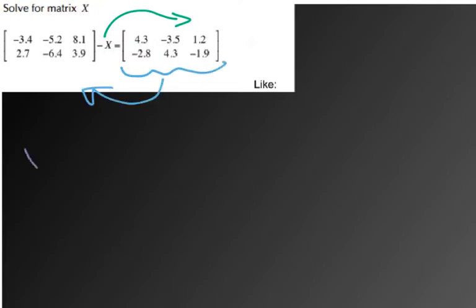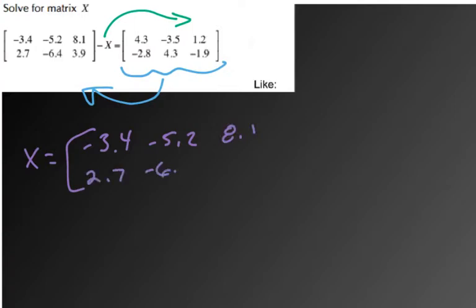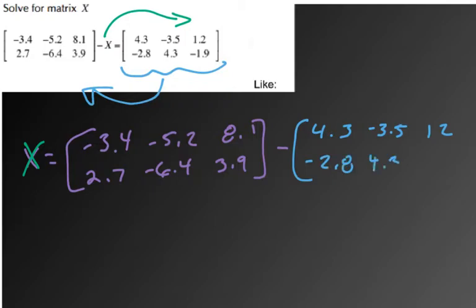So I would get x equals negative 3.4, negative 5.2, 8.1, 2.7, negative 6.4, 3.9, and then minus the blue one, which is 4.3, negative 3.5, 1.2, negative 2.8, 4.3, negative 1.9.